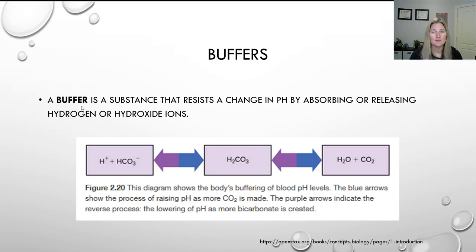So we have this buffering system within our blood that helps keep the pH of our blood stable, even if we're adding an acid or a base to it. Here's an example. Over here, you'll notice we have 2 ions. We know they're ions because there's a positive charge and a negative charge.